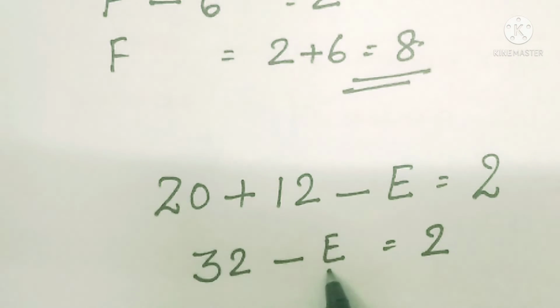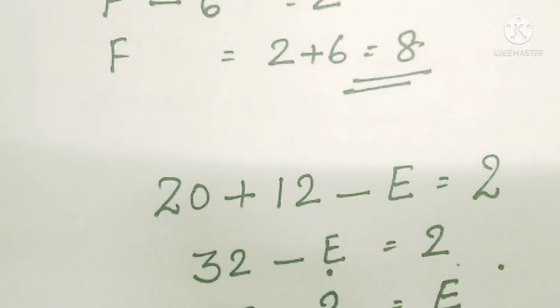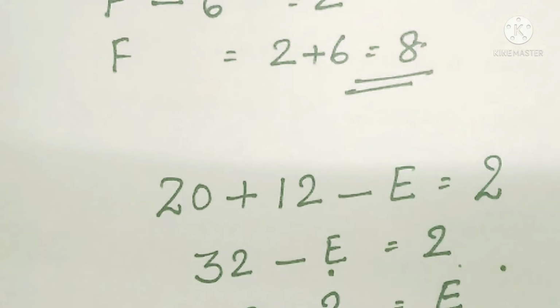Now we have to find the value of E. So take E to that side and 2 to this side. So you will get 32. This 2 when it comes here, it will become minus 2. And E when it goes to that side, it becomes plus E. So E is equal to 32 minus 2, 30. Okay.